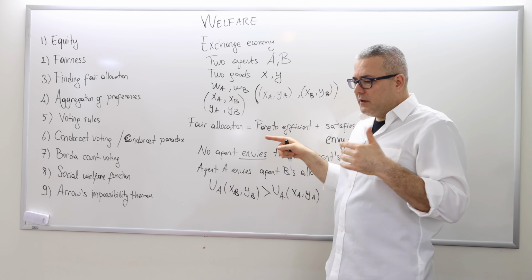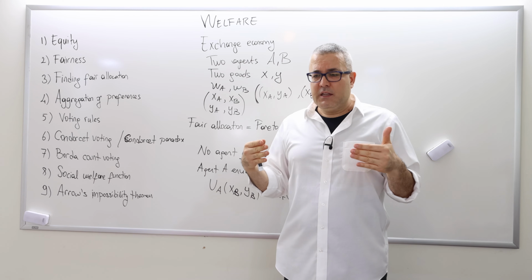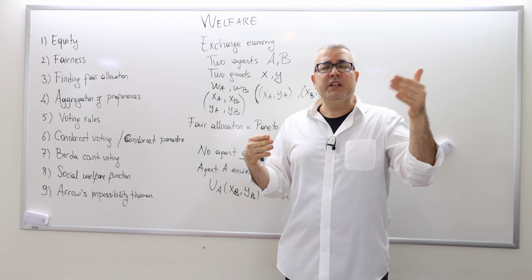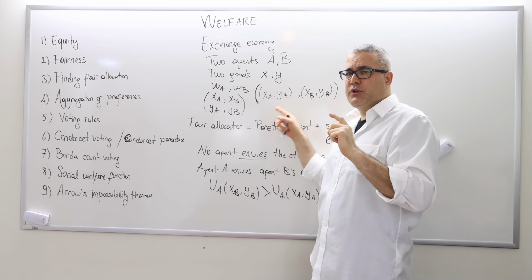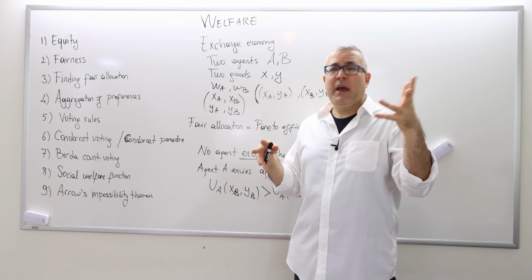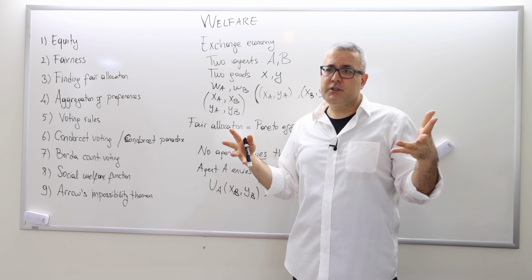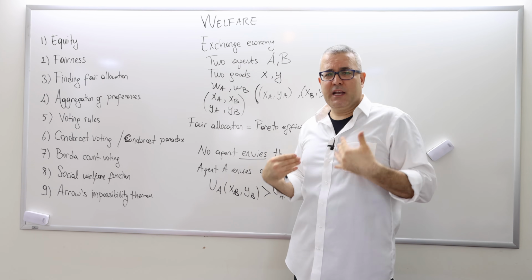If the distribution of goods is not efficient, it means there is actually a win-win situation. There's a better way of distributing these goods, which will improve not only your situation, but also my situation.